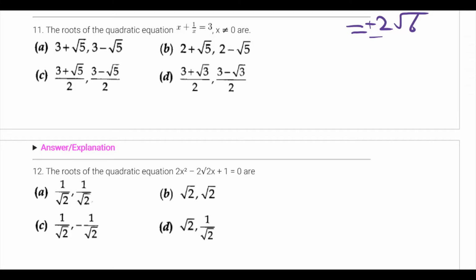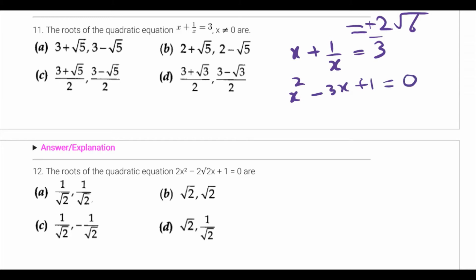Question number 11. The roots of the quadratic equation x + 1/x = 3 are. So the given equation is x + 1/x = 3. This is x² - 3x + 1 = 0.